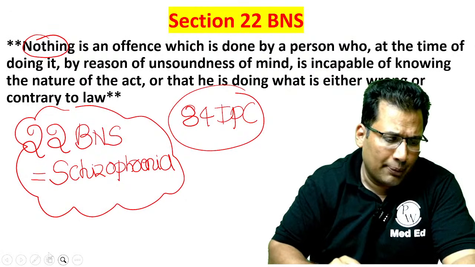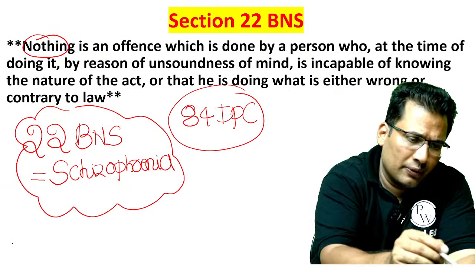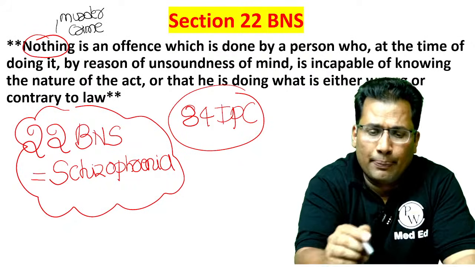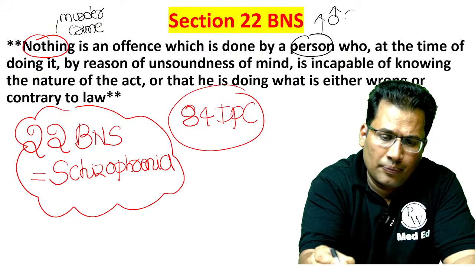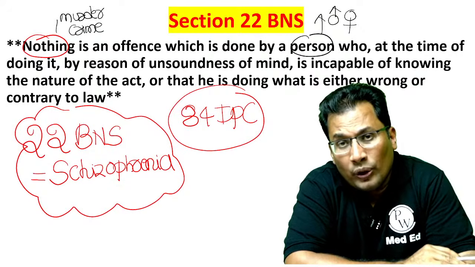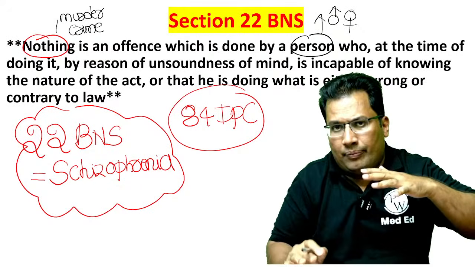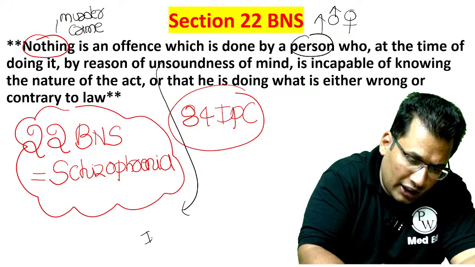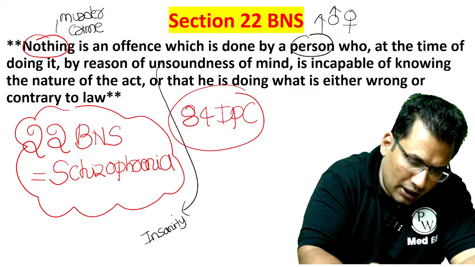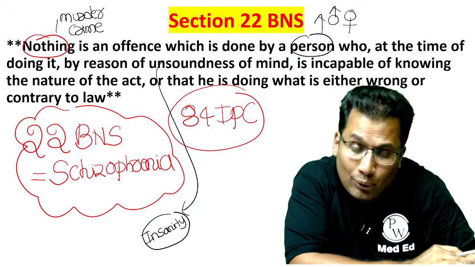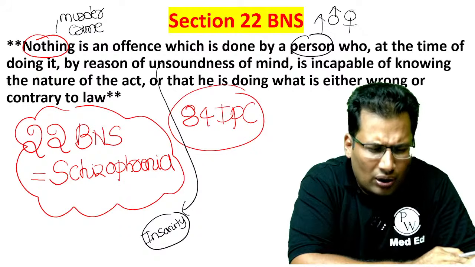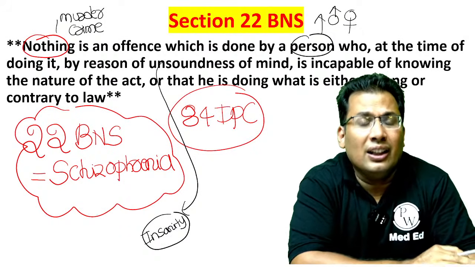Nothing means it can be murder, it can be hurt, whatever, any crime, which is done by a person, male or female, who at the time of doing it, the word is important, at the time, by reason of unsoundness of mind, meaning psychosis, bipolar disease, insight is absent, schizophrenia, split personality, psychotic depression, is incapable of knowing the nature of the act.